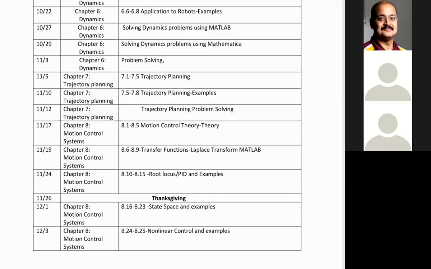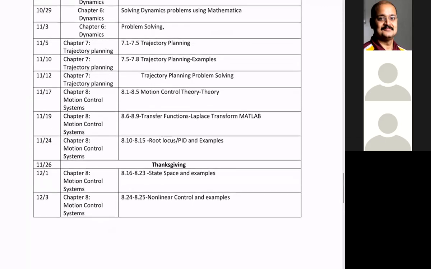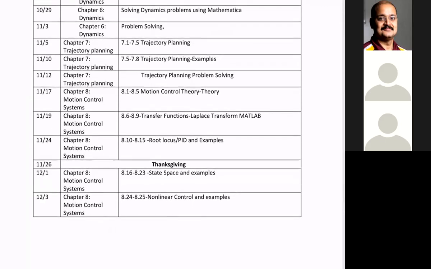I would use Simulink and MATLAB to solve root locus, PID, and other examples. Then we have Thanksgiving break. After Thanksgiving, we will still continue discussing state space, which is linear system theory. And then there will be a very brief introduction to nonlinear control theory. And this is where the course will end.